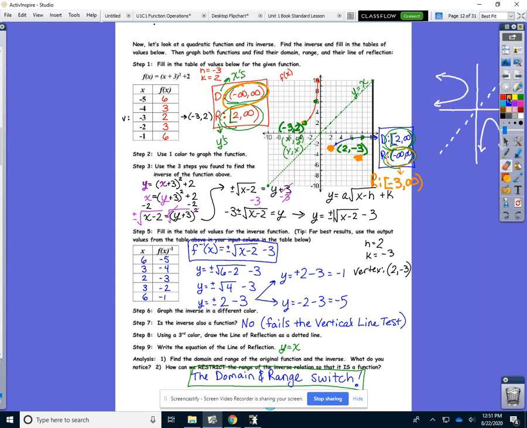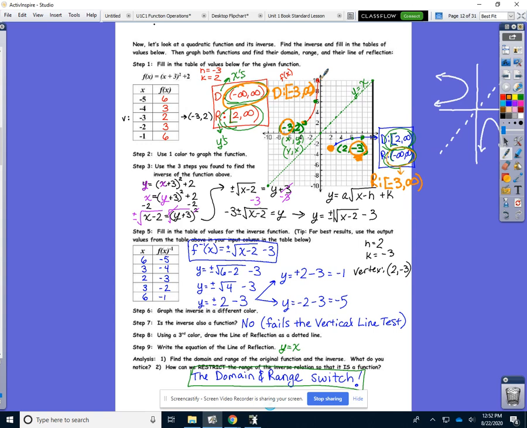That would mean that the domain here would be -3 to infinity, right? How far left does this go? The furthest point left, the x value is -3. Okay, so for the range, we use the y value, and for the domain, we use the x value.